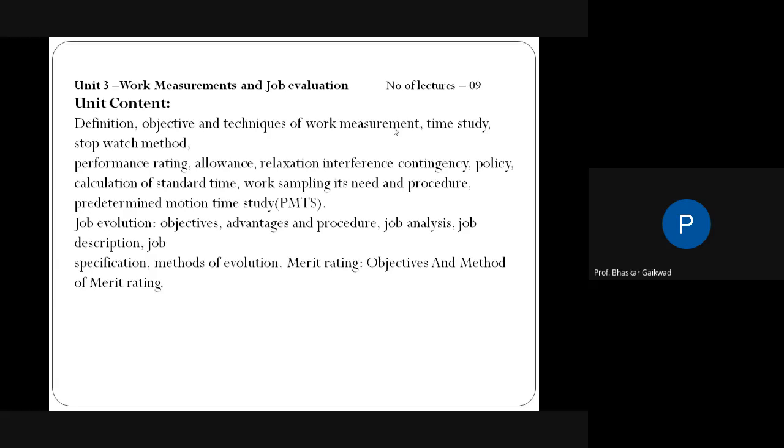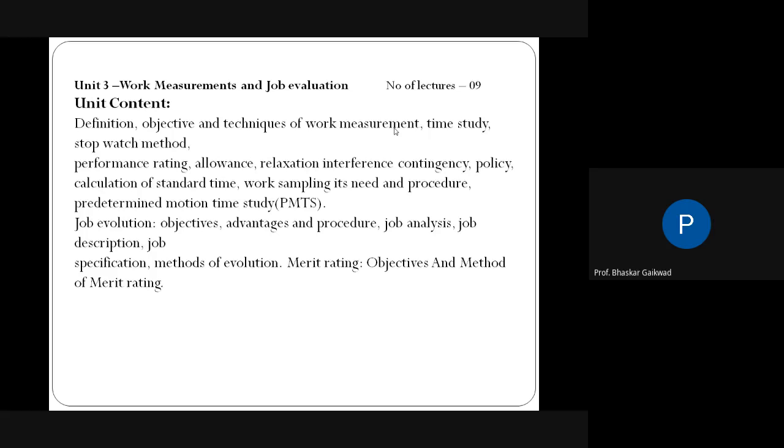Then the next part is the predetermined motion time study. Predetermined motion study means whatever motions are done by our worker, maybe hand movement, leg movement, or body movement, whatever motions are there while doing any work, the standard time has been decided for a particular motion.